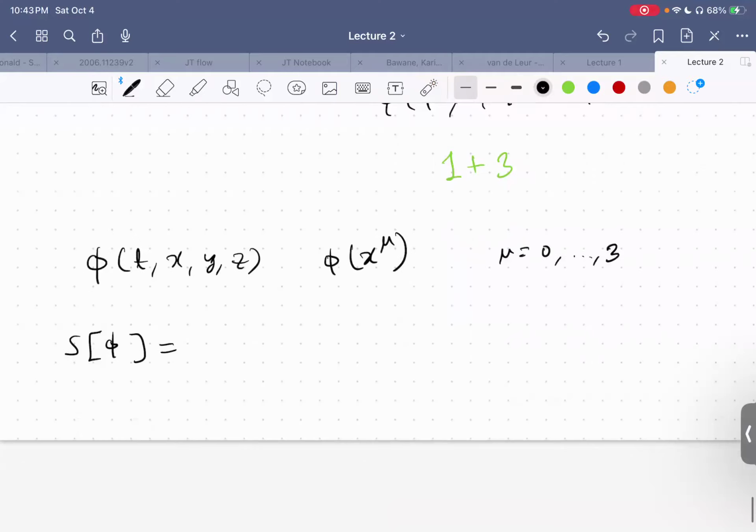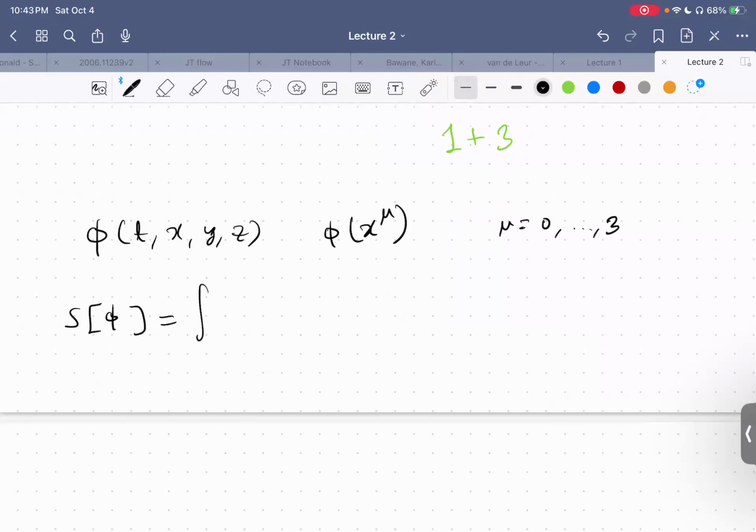And local physics will tell you that this should be an integration over all of these coordinates. And all of these coordinates collectively, we will refer to as spacetime. So this will be an integration over spacetime. And here what you will have will be at most quadratic in derivative if you want to maintain locality. So for example, something that you can write down, maybe it looks like this.